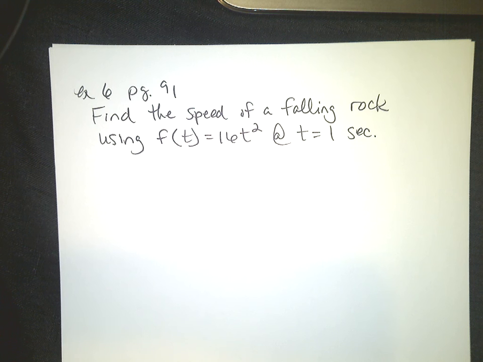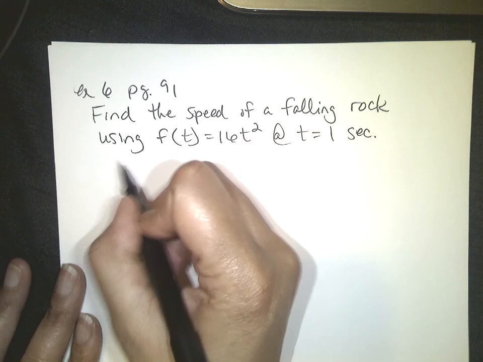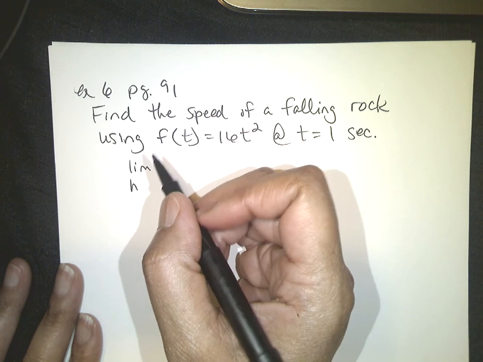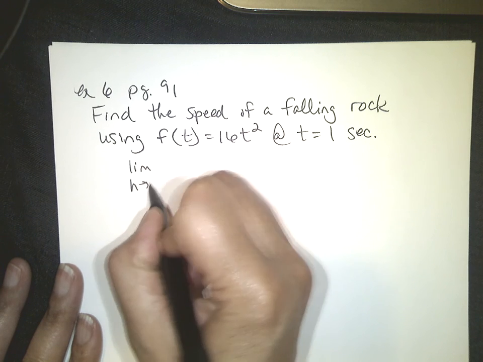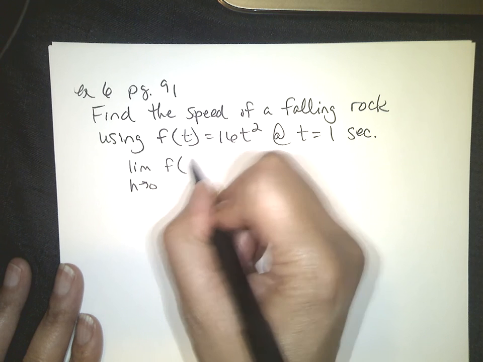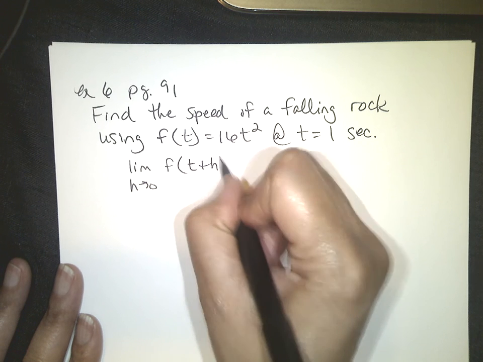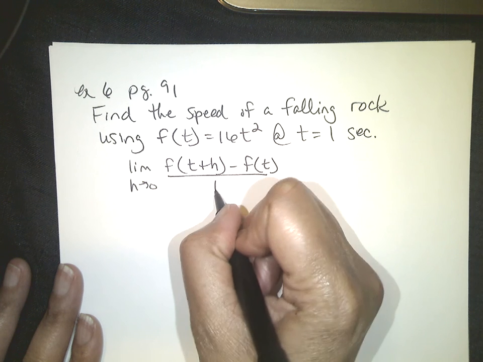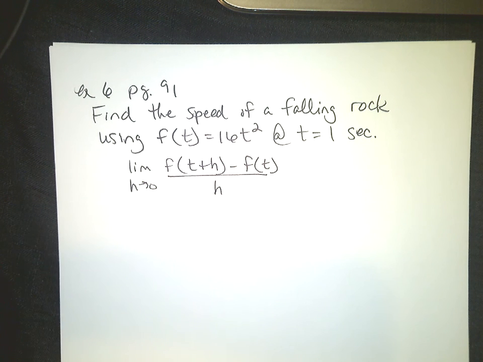So now that we're dealing with time, it's still the difference quotient. It's just now the limit as h approaches 0 of f of t plus h minus f of t over h. So same process, different notation.